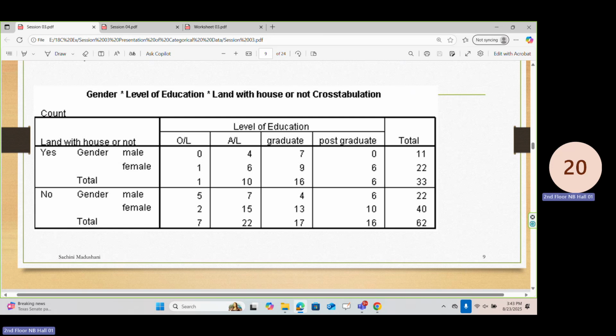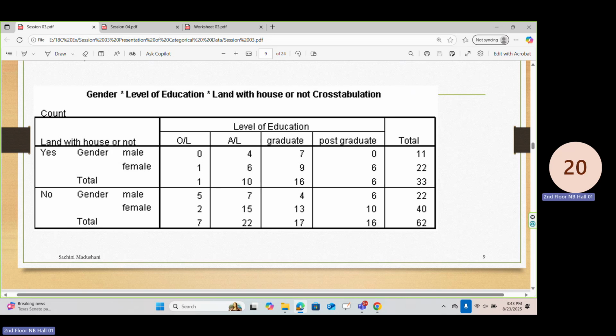Then number 7 represents level of education graduate, gender male, and they have land with a house. Yes, this category means they have land with a house. And how do we interpret this 7? There are 7 male graduates who have land with a house.